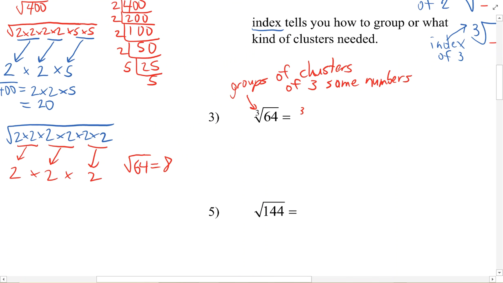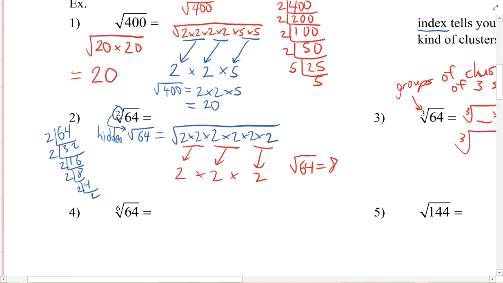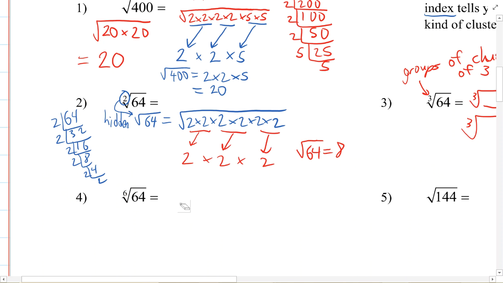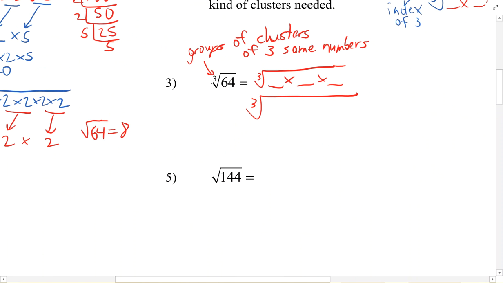So what we're looking to figure out is blank, blank, blank, groups of 3. Now we already know we can rewrite this because from over here, we can use these numbers right over there, no problem. So that's what we're going to do. There's 6 of them, so we're going to write 2 times 2 times 2 times 2 times 2 times 2. Got to make sure my roof covers everything.